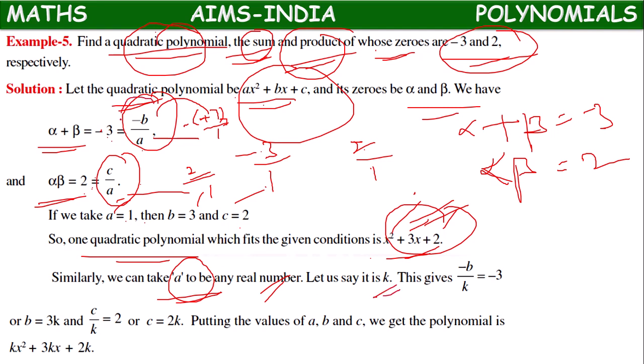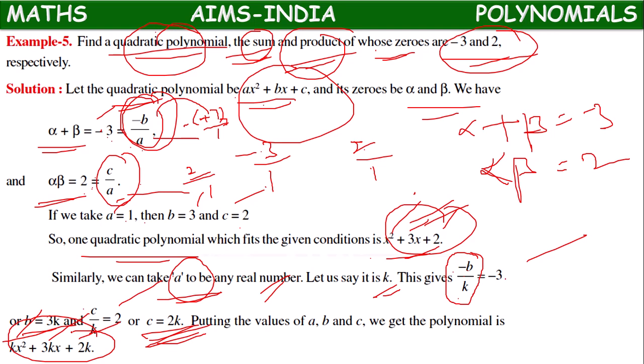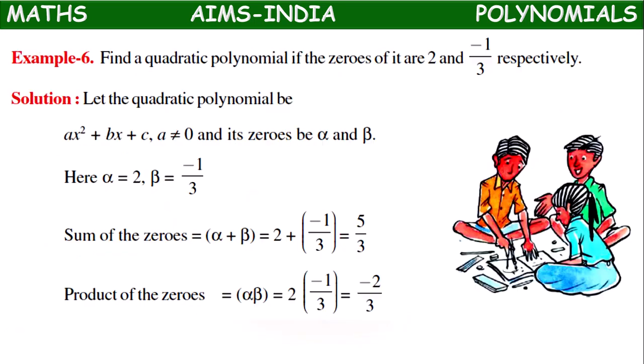Then in the place of minus b by a, we can keep minus b by k equal to minus 3, and c by k equals 2. Means minus b equals minus 3k, or b equals 3k, and c equals 2k. And a we have taken as k. So the equation will be kx square plus 3kx plus 2k. Like that also we can write the quadratic polynomial.